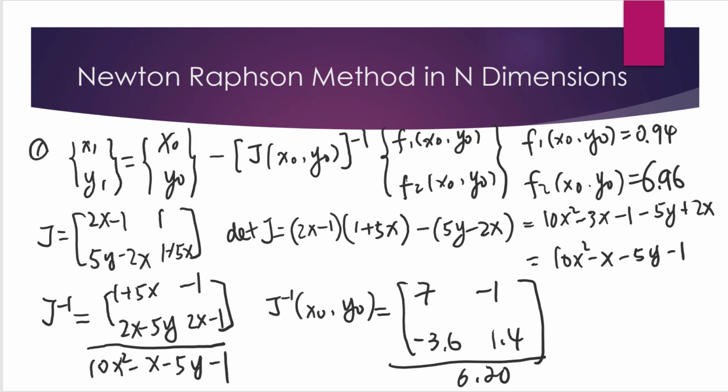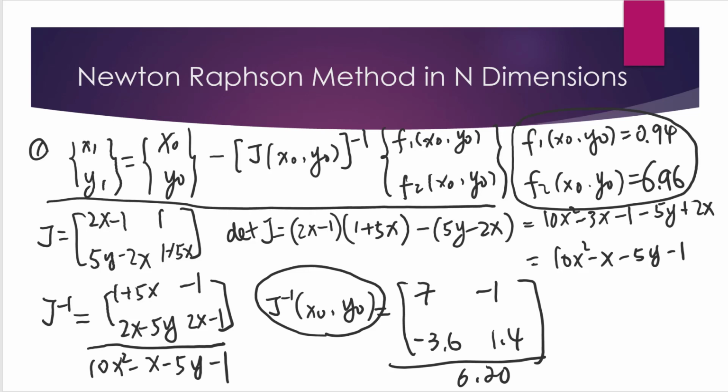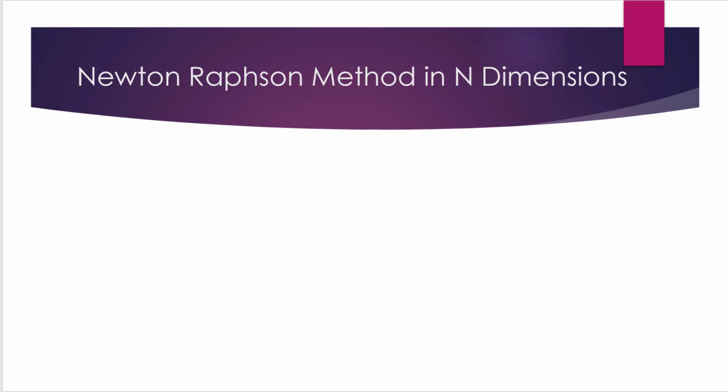So right now we have got this function value evaluated at this point. We also got the Jacobian inverse evaluated at this point. We just need to put them into this formula, right? So it's still the first iteration.